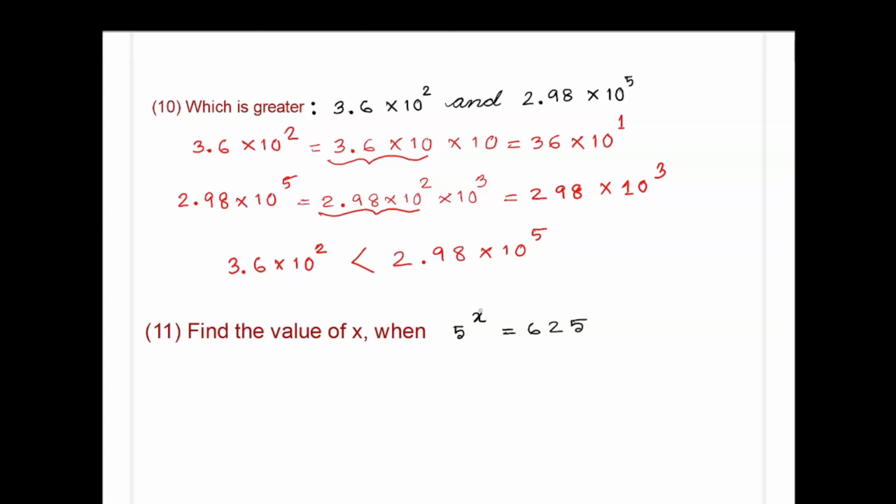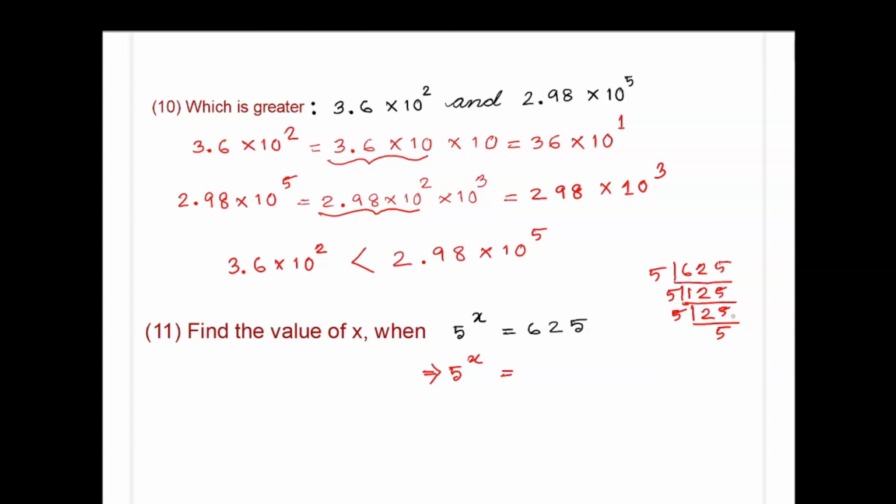So today's last question is 5 to the power x is equal to 625. Okay. Now see, here it is 5 to the power x and 625. So can we write 625 as a power of 5? Let's see. Yes. So after repeatedly doing the same question, it is very easy to calculate what number we have to multiply how many times to get the answer.